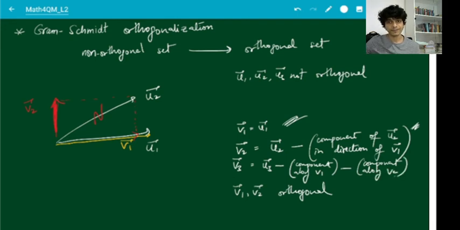What I would have left is a component which is both orthogonal to v1 and orthogonal to v2. So then v1, v2, v3 are orthogonal to each other. So this is the Gram-Schmidt orthogonalization process.